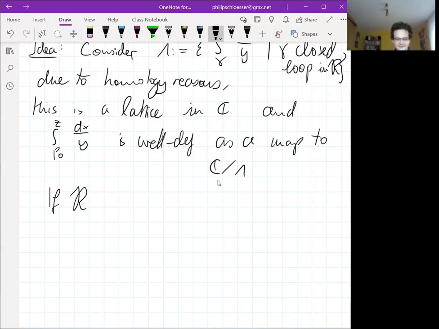Okay, let's say that R is the elliptic curve associated with y squared is equal to 4x cubed minus g2 x minus g3 for some parameters.